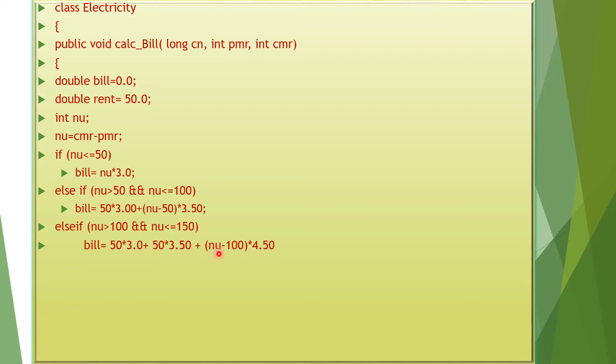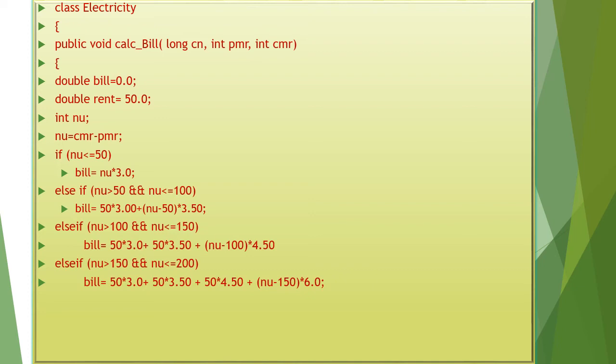That means we don't know how many units are consumed, but if the units exceed 100, how will you find the exceeding units? That is NU minus 100 star 4.50.